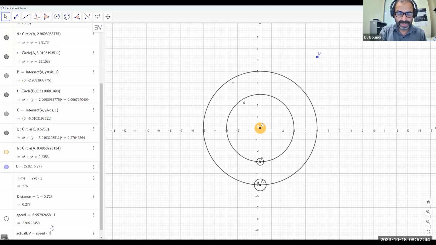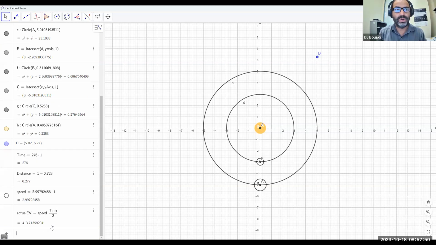Remember, the time is half that much because the signal goes back and forth, so we want only half to go once. So this is 413 million kilometers.